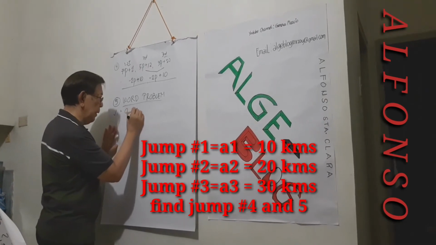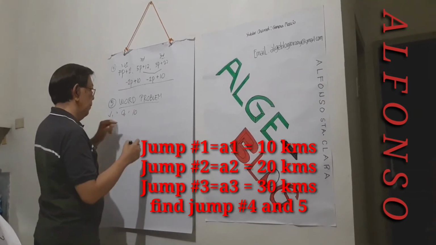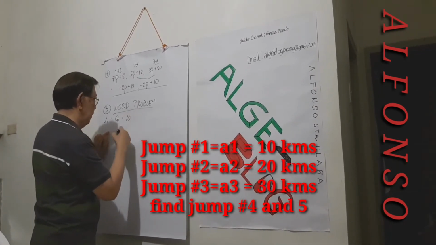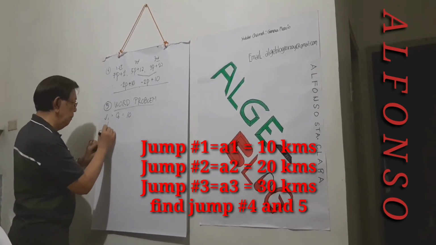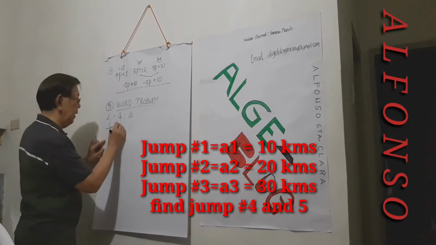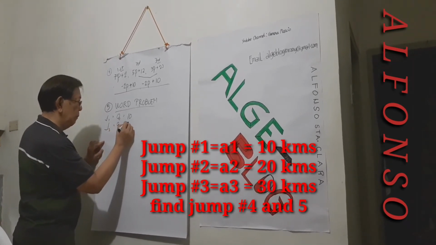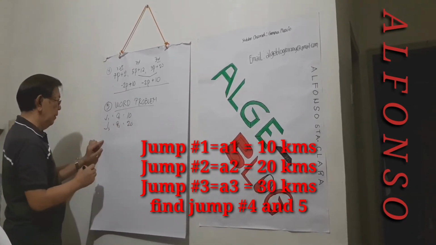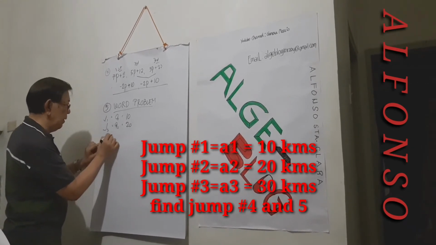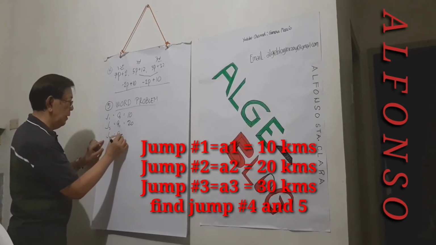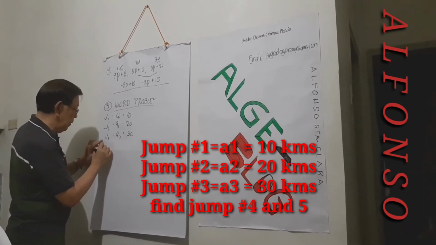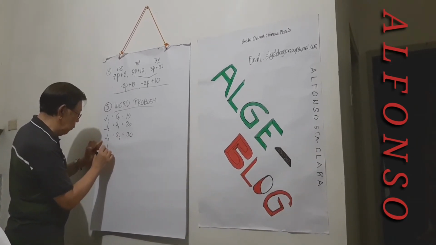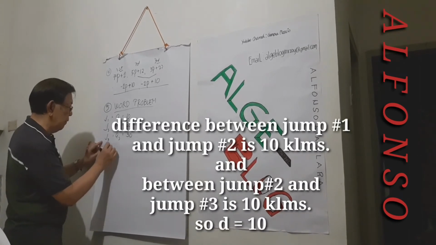He jumps, let's say, 10 kilometers. On the second jump, A2, he jumps 20 kilometers. And jump number 3, A3, he jumps 30. So what will his jump number 4, A4, be?